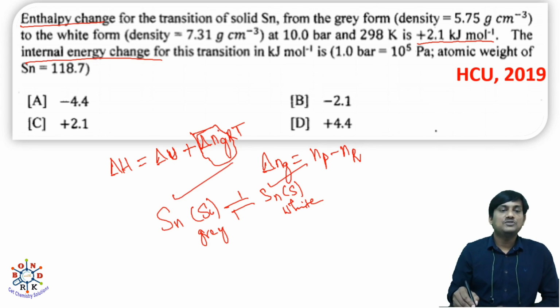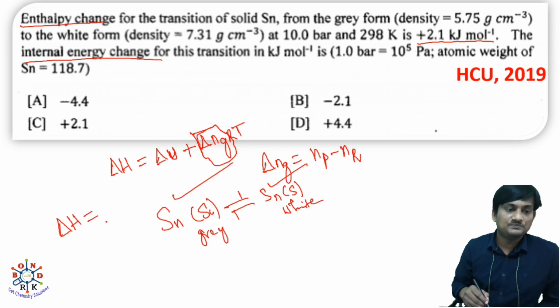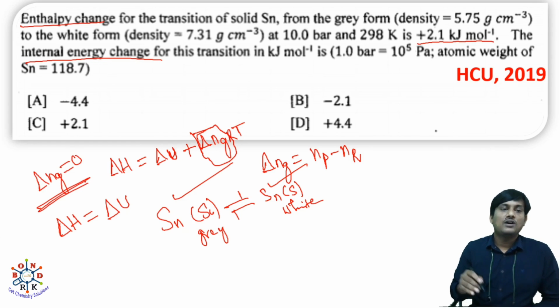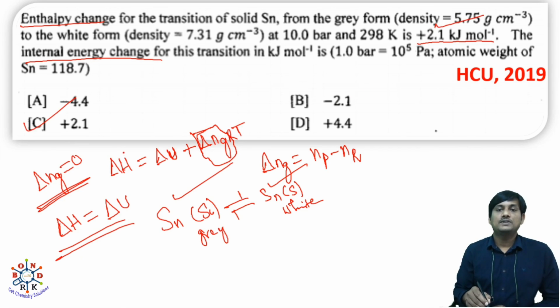So delta Ng is equal to 0. Then when delta Ng is equal to 0, delta H is equal to delta U. The number of gaseous molecules on product side and reactant side is 0, so delta Ng is 0. So delta H is equal to delta U. Here delta H is given, so the delta U will be plus 2.1 kilojoule per mole.